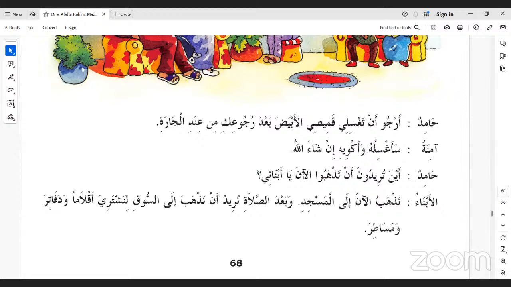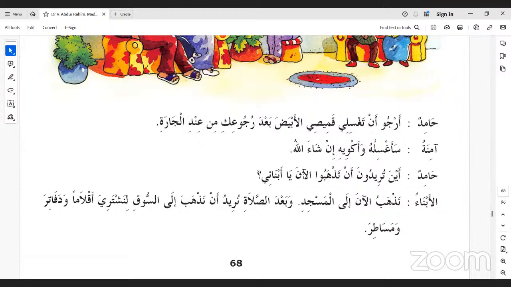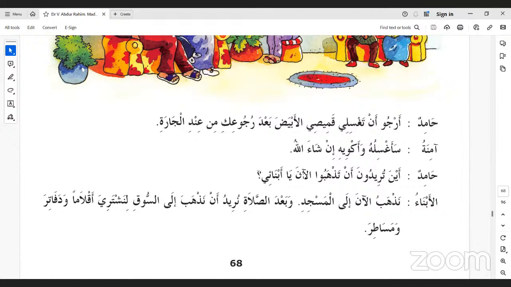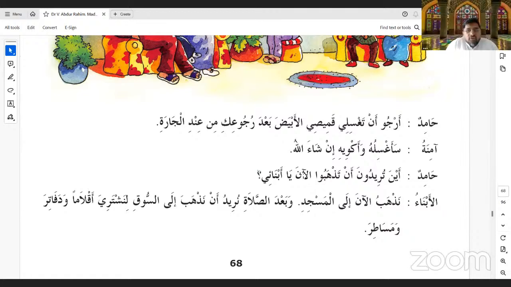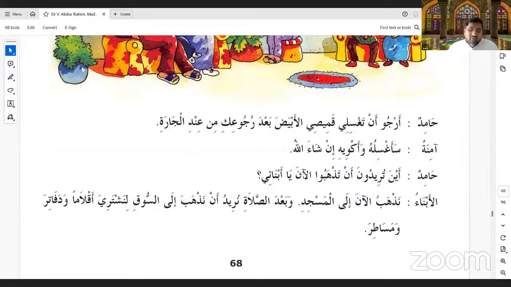At the moment we go to the mosque, after the salah we want to go to the market to buy pens, notebooks, and rulers. Masatir, rulers. Excellent. Okay.